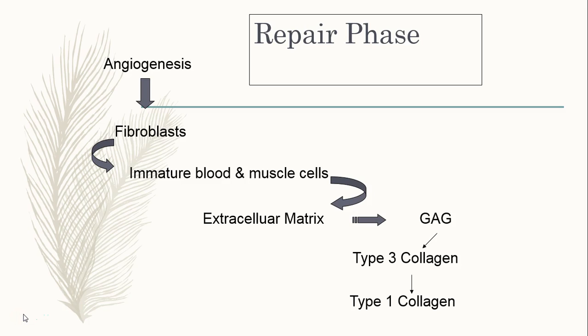This is where angiogenesis takes place, which is basically where the fibers in the knee, the ligament, the muscle, all start to come back together and all the scar tissue is starting to get laid down in a more organized way. So the fibroblasts are little baby blood cells, okay, and they create little immature blood and muscle cells. And at that time, an extracellular matrix is laid down.